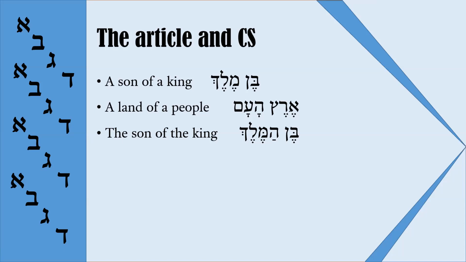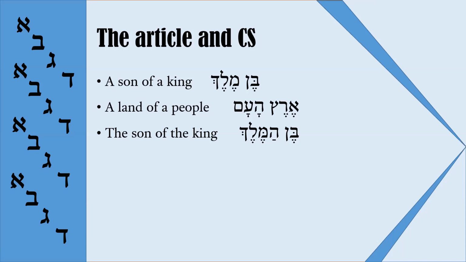So the article is possible. And one more interesting case we need to discuss. The word in the construct state can never have an article. So, for example, if we have the expression Habat Melech, it would be incorrect. In Hebrew, it is impossible. The word in the construct state cannot have an article, but the word in the absolute state can.